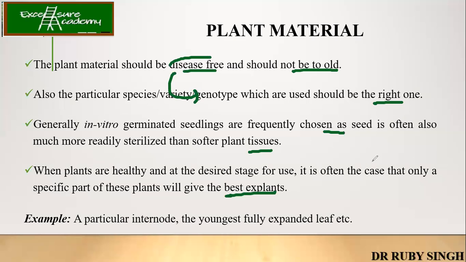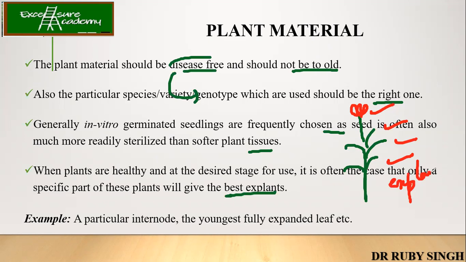So, what does this mean? See, if you have the entire plant, it's not necessary that each of these parts will act as the explant. They can act as the explant, but it depends on the condition or the totipotency of that particular plant sample, which will give you better results.